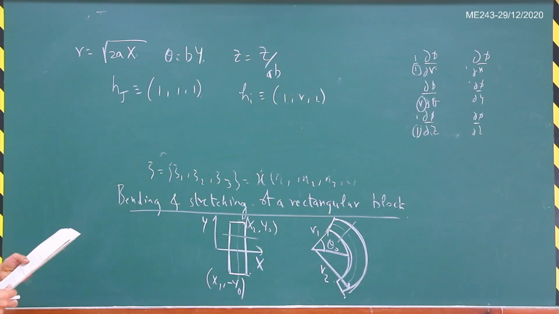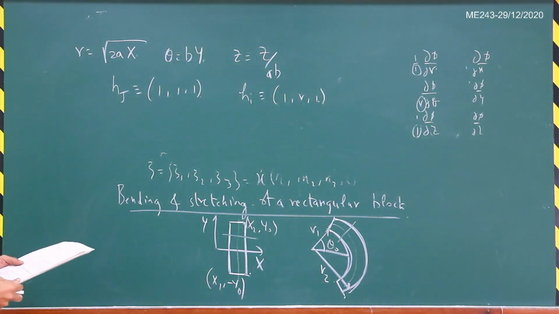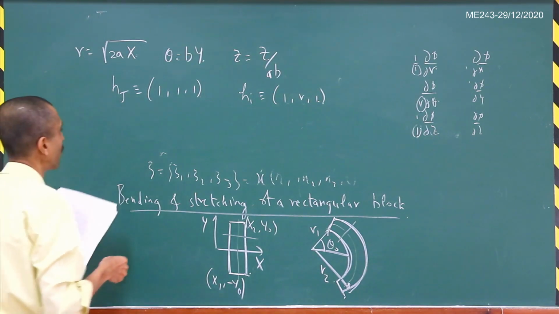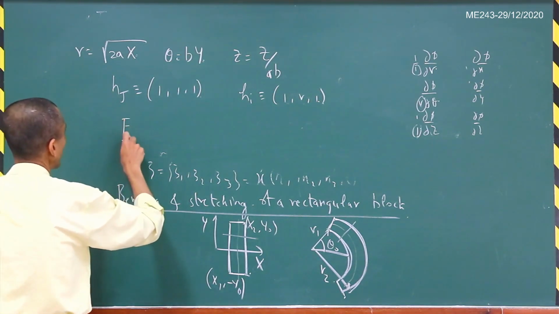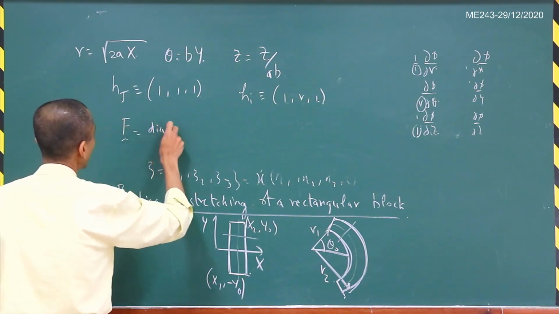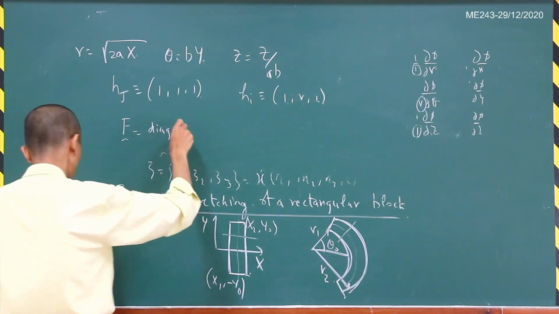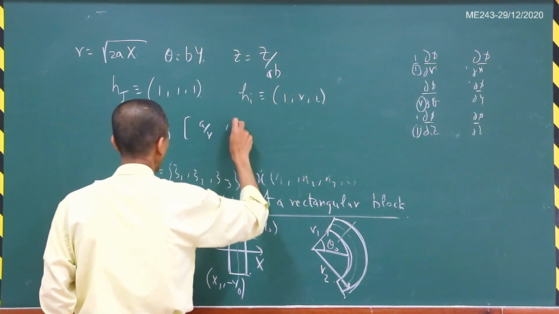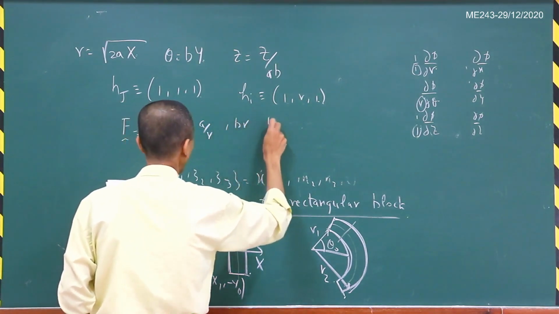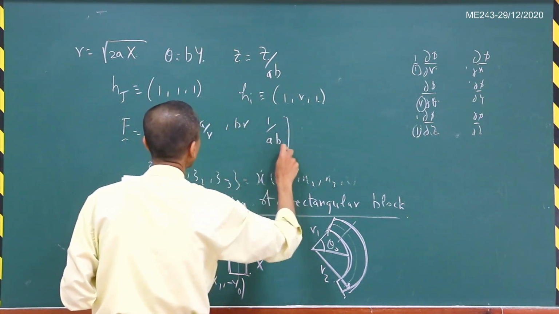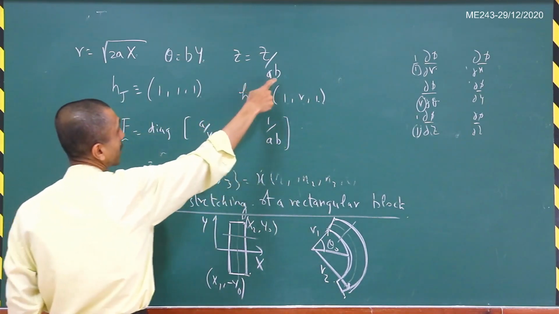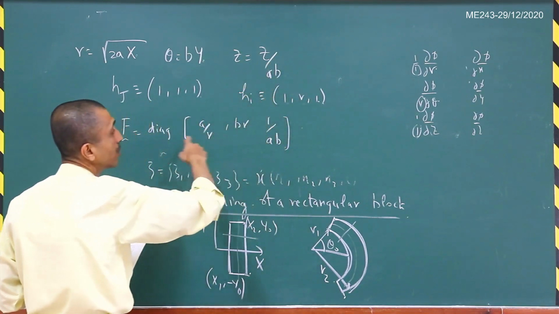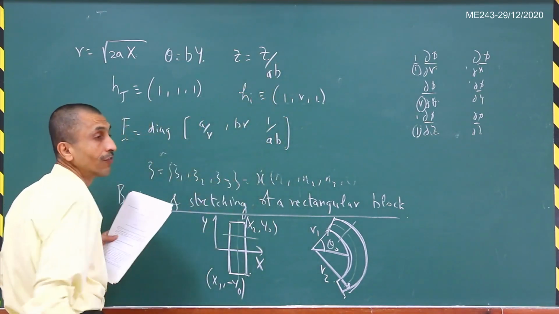So now let us find out what is the deformation gradient corresponding to this deformation here. This F you will get as diagonal of A by R, then BR, and 1 by B. Okay. So you can see that this factor here is adjusted so that the determinant of F will be equal to 1.